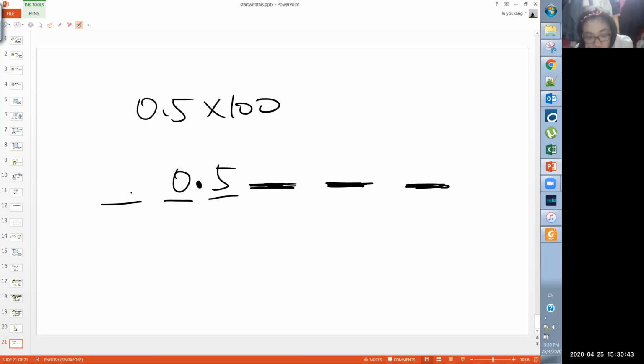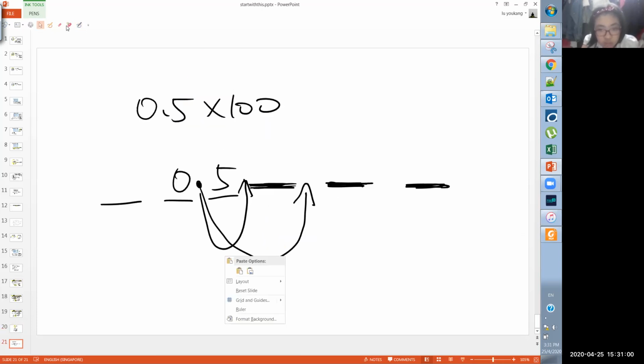To which side, left or right? Right. So you move to the right, 1, 2. So now the decimal point becomes here, right? It's no longer here.